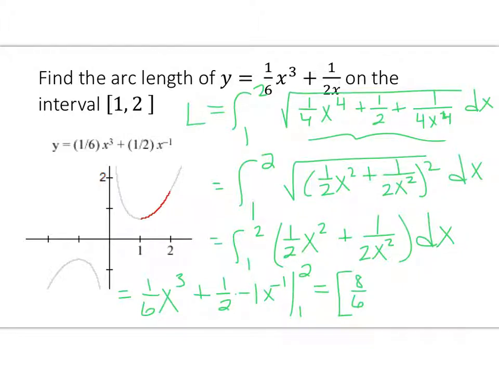This is 1/2 times negative 1, so minus. 2 to the negative 1 is 1/2, so that's minus 1/4. Minus, and now I have to plug in my 1. 1 cubed is 1, so that's going to be 1/6. 1 to the negative first is 1 over 1, so that's going to be minus 1/2. And then I just need to clean this up with a little bit of algebra, and I should get 17 over 12.